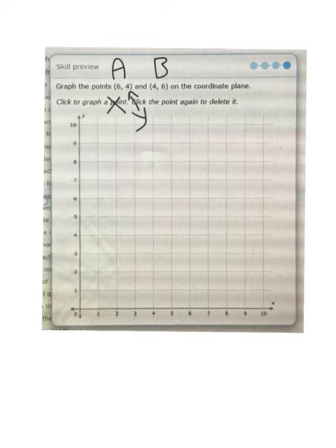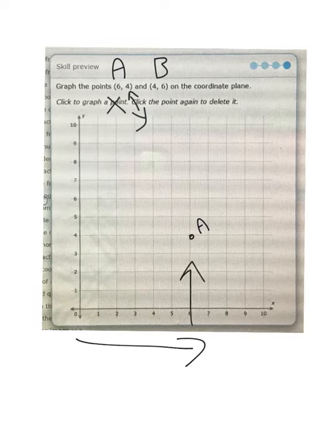We must start by going across the x-axis, 6. So that's easy enough to here. It's going to be somewhere along here. Then we look at our y-coordinate. This is the y-axis, so we go up to 4. So we're at 6, and we go up to 4. That is point A. We went across first, then up.